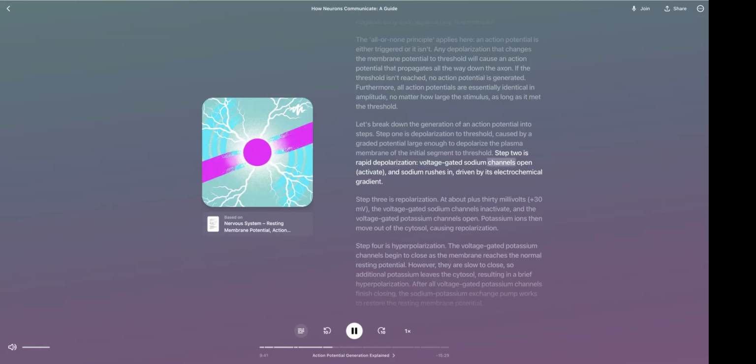Step 2 is rapid depolarization. Voltage-gated sodium channels open, activate, and sodium rushes in, driven by its electrochemical gradient. Step 3 is repolarization. At about plus 30 millivolts, the voltage-gated sodium channels inactivate and the voltage-gated potassium channels open. Potassium ions then move out of the cytosol, causing repolarization. Step 4 is hyperpolarization.